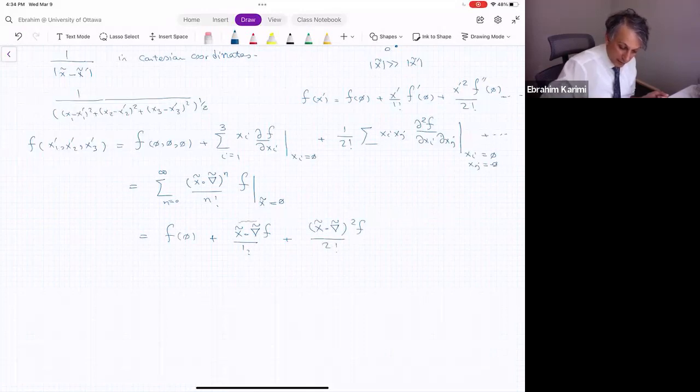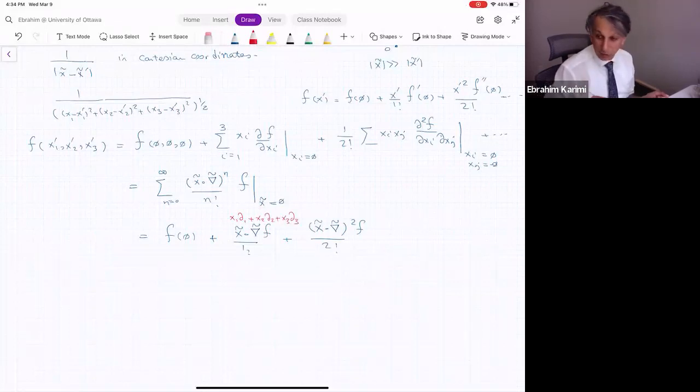If you do the expansion of these, it will be x derivative with respect to x plus y derivative with respect to y plus z. Or let's say, I have not used that notation. That will be x1 derivative with respect to 1 plus x2 derivative with respect to 2, plus x3 derivative with respect to 3. And remember that nabla will always act on f, so it will not act on x. So it's on the right side.